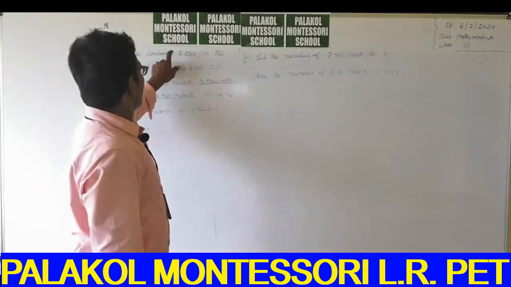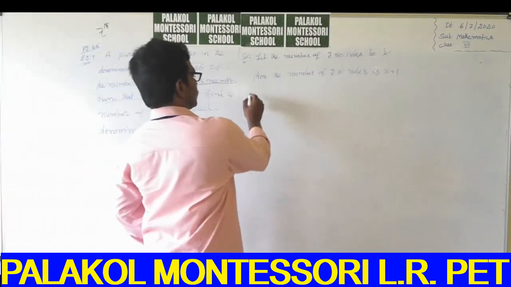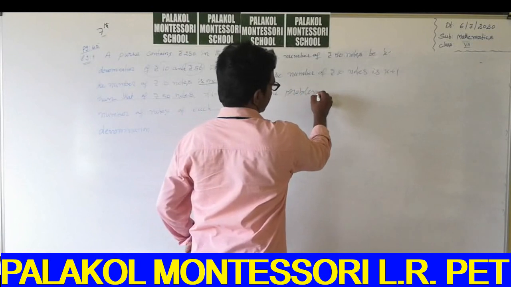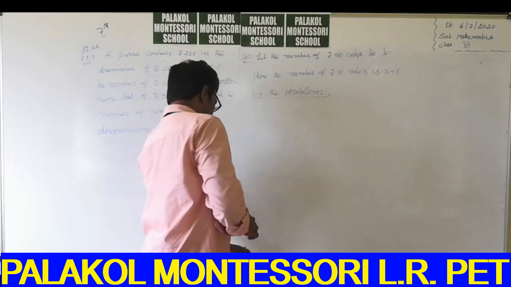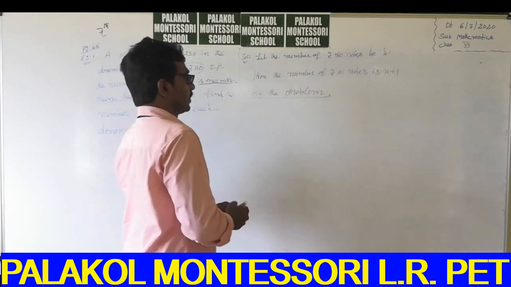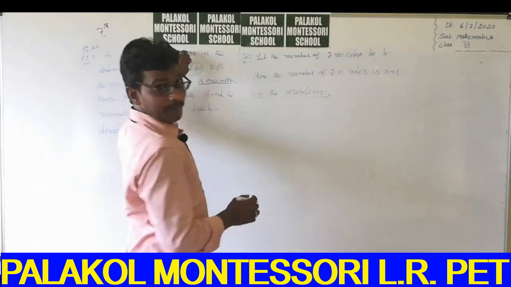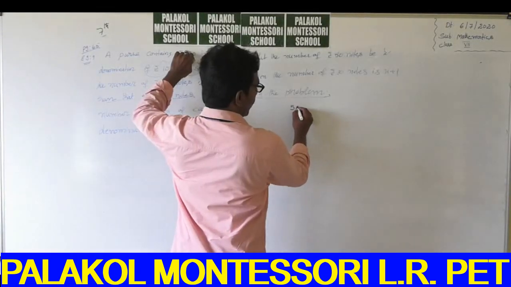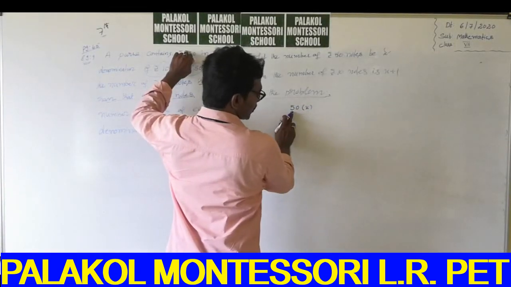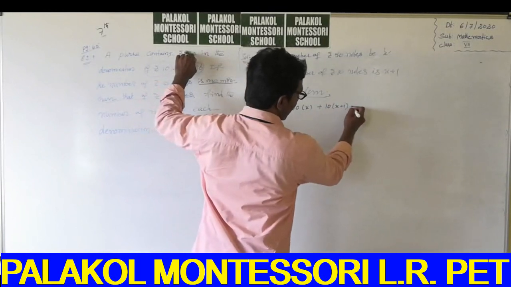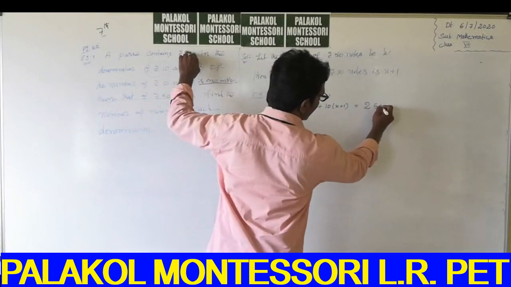So, by the problem, the total is 250. So, 50 into x for the 50 rupees notes, plus 10 into x plus 1 for the 10 rupees notes, equal to a total of 250.